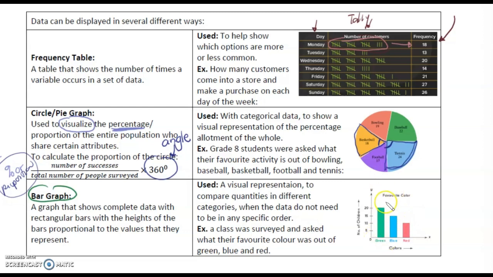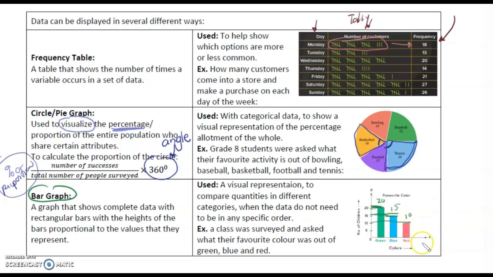So for example, this one, favorite color for green, this represents 20 students. Blue, this represents maybe 14 students. And red, this represents, it could be 15, this could be 10. It's just approximate here. Let me see. Yeah, I would say this would be 20, this would be 15, this would be 10.